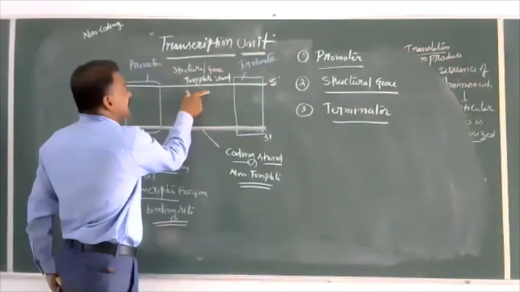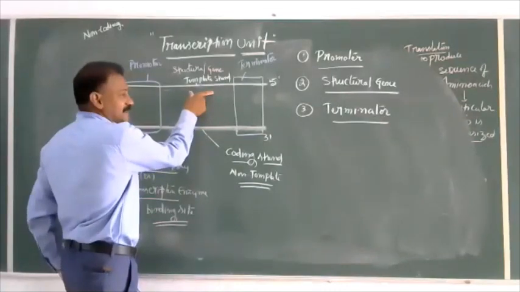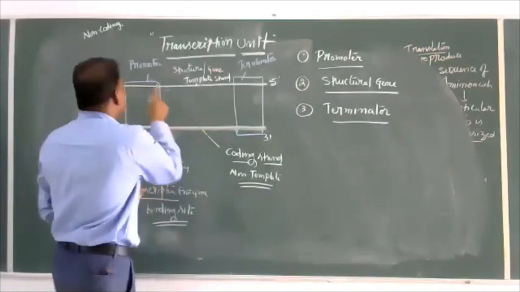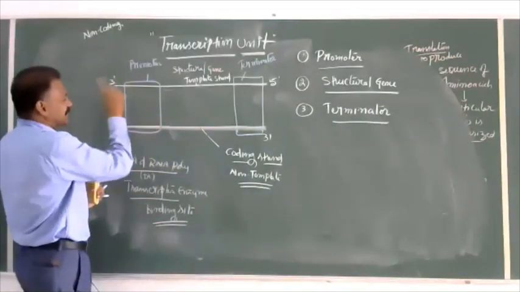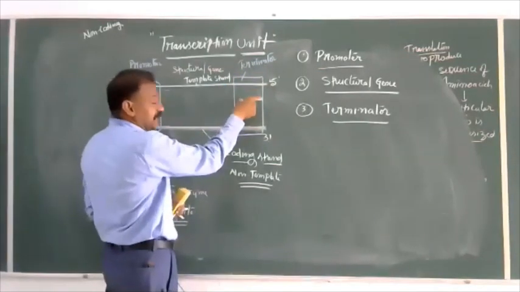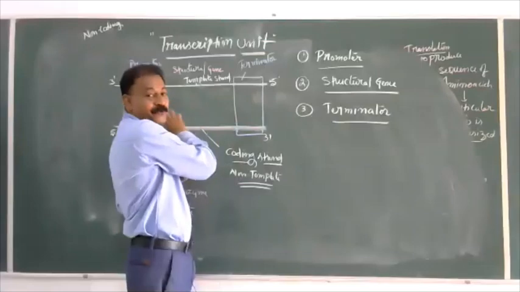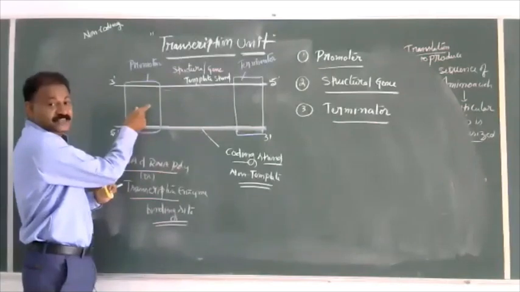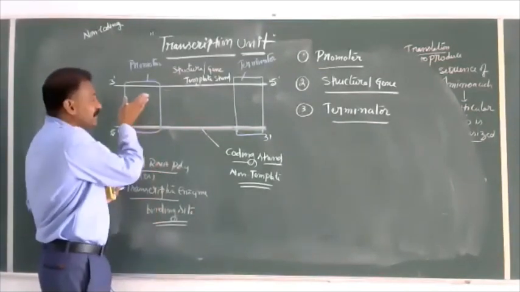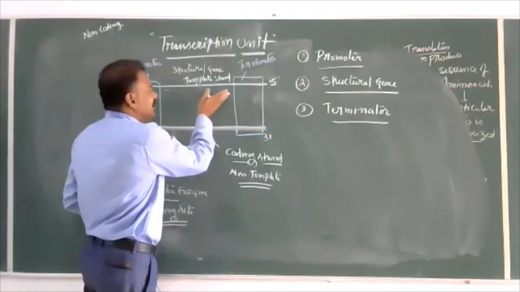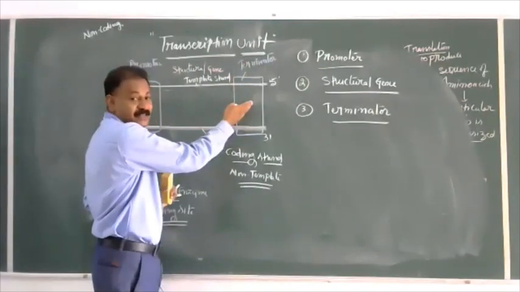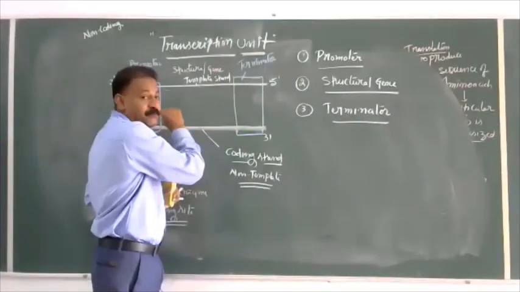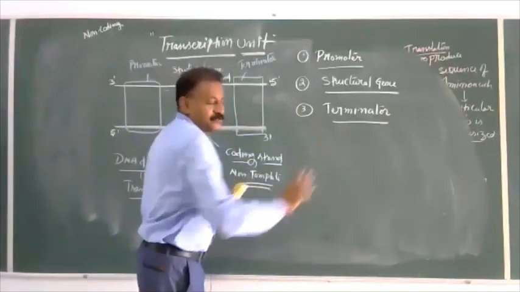And this structural gene, it is having 2 ends. On either side it is flanked by promoter at one side and terminator. Terminator is the region where the process of transcription stops. Process of transcription starts at promoter by the activity of the enzyme. It moves through the structural gene, and when terminator sequences come, the termination stops the process of transcription, and whatever amount of RNA is produced, it will come out.